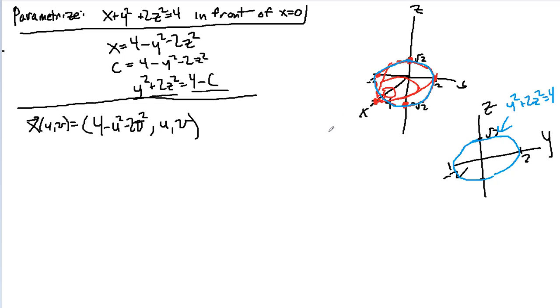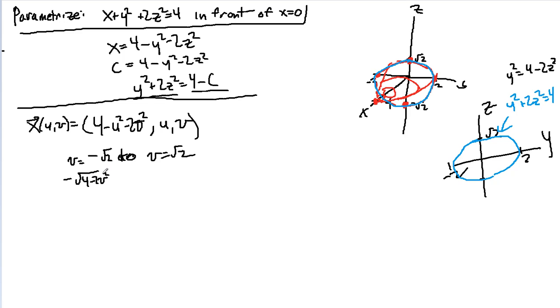So I could set z to go between negative square root of 2 and square root of 2. And then once I have that, I can just solve for y. y squared is equal to 4 minus 2z squared. So y is going to equal plus or minus the square root of 4 minus 2z squared.